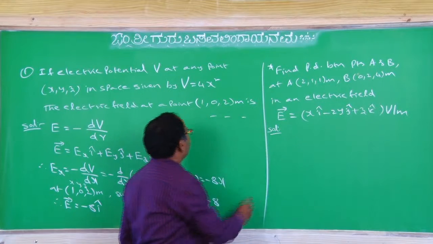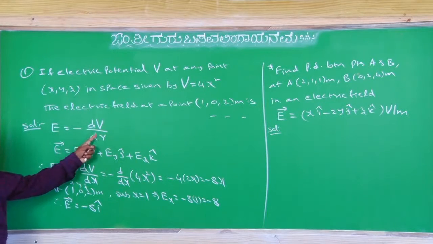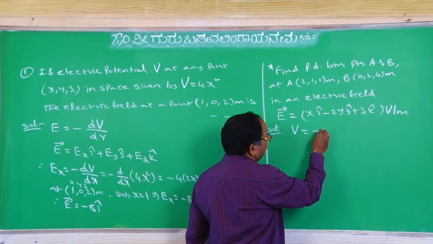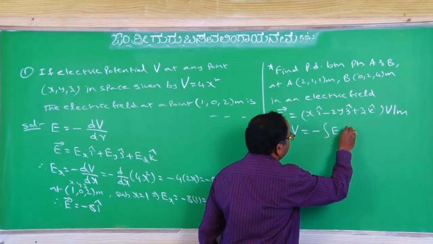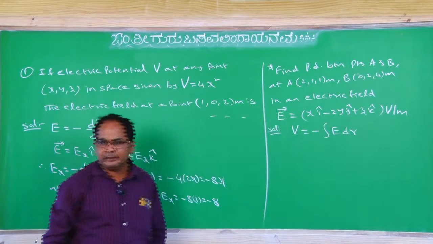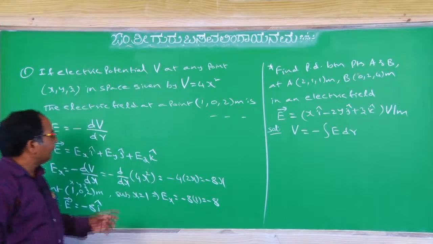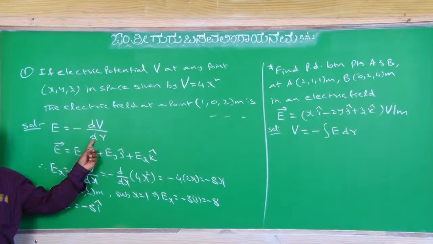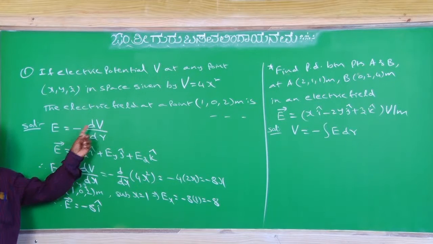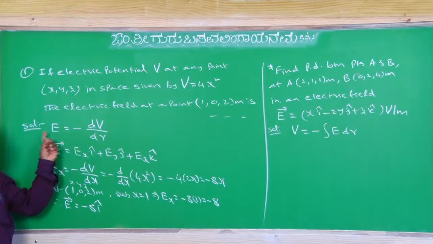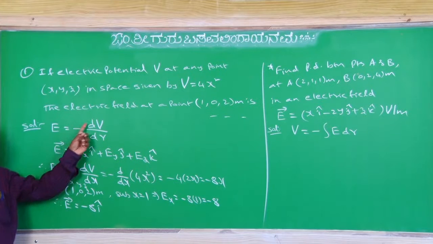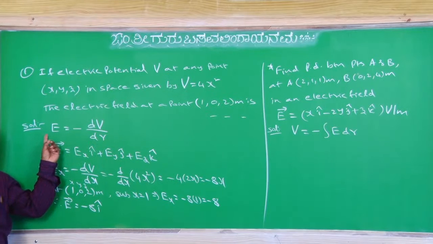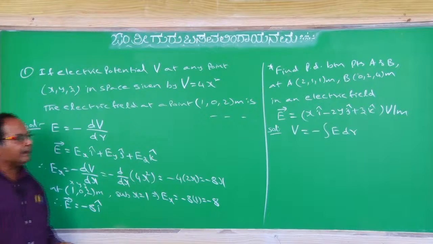So already we know E is equal to minus dV by dr. From this, V is equal to minus integral E dr. We want to find out the potential difference, so if you take integration on both sides with respect to r, the integration and differentiation cancel. So here only the integration remains, and we may write integral E dr.